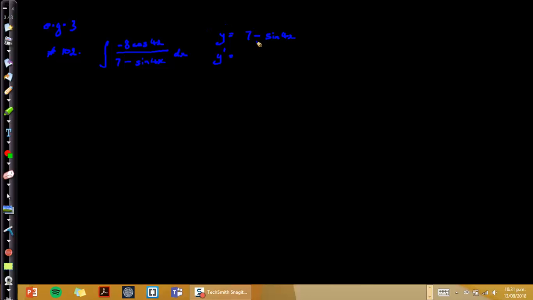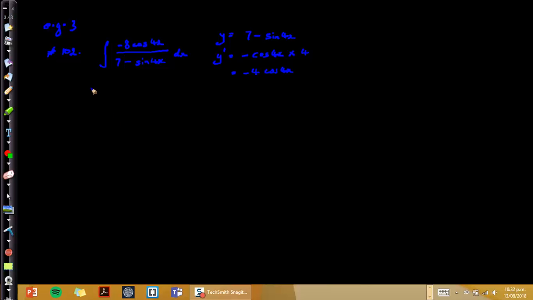So we get 0 for the derivative of 7, minus cos 4x times 4, because it's composite, which is negative 4 cos 4x.